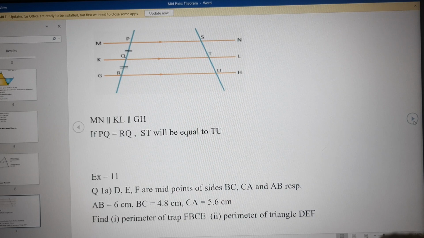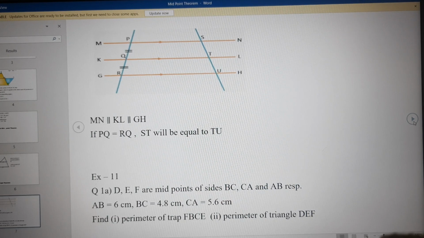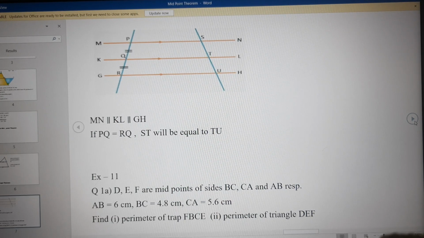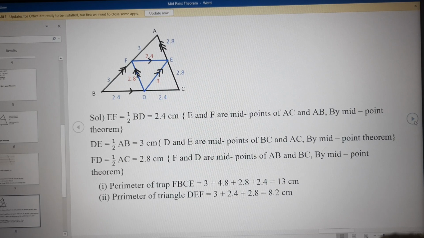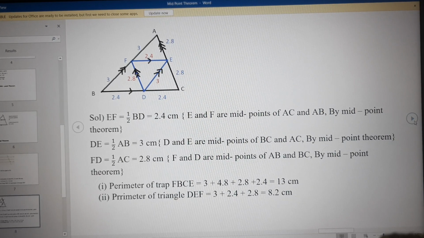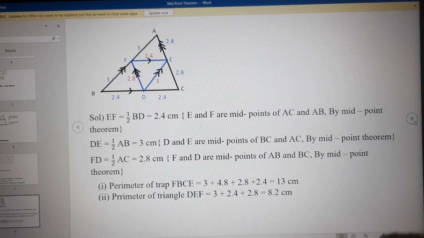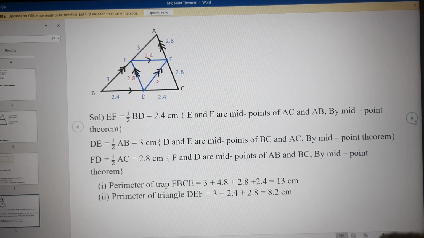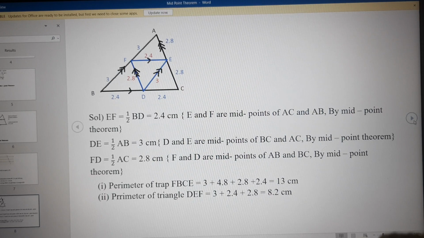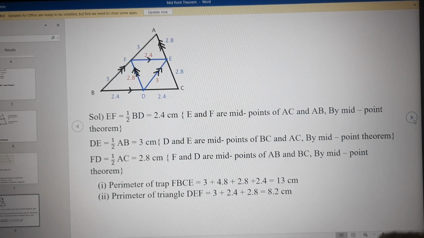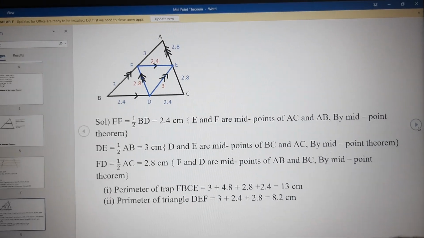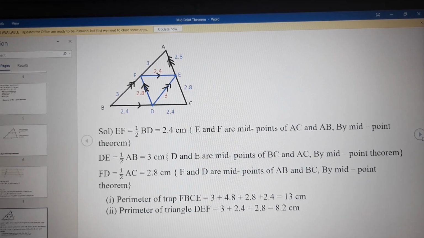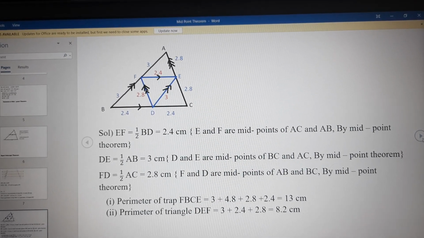It is given that in triangle, I'll show the diagram. In triangle ABC, it is given that D, E, and F are the midpoints of line segments BC, AC and AB respectively. Are you getting it?